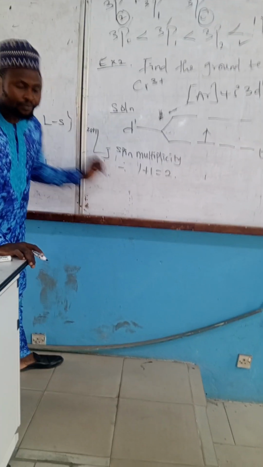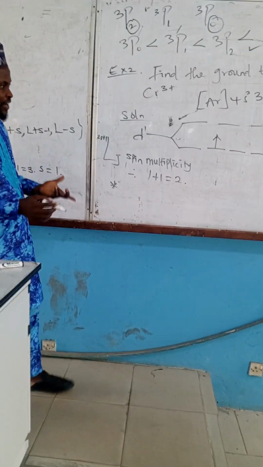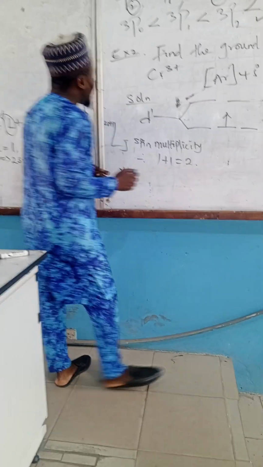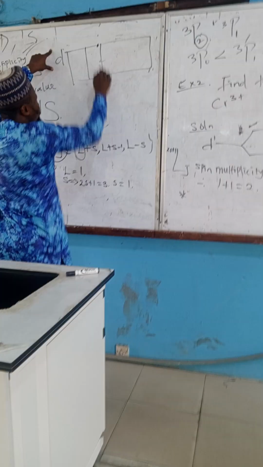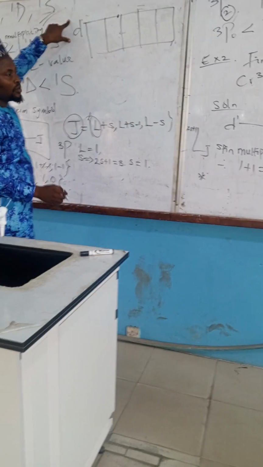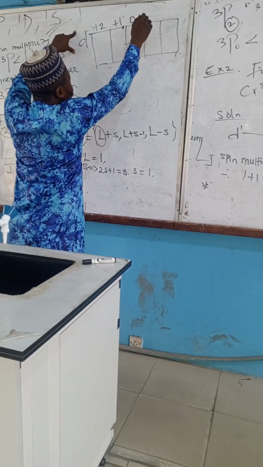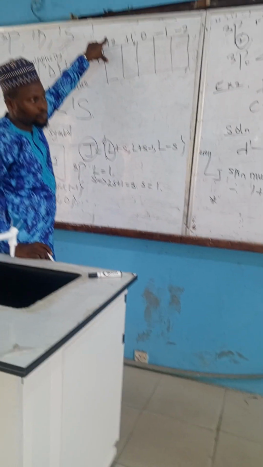Step number 3 is to find the L value. This is a d orbital, and d orbitals have 5 rooms: +2, +1, 0, -1, -2. These are the labels of the rooms.